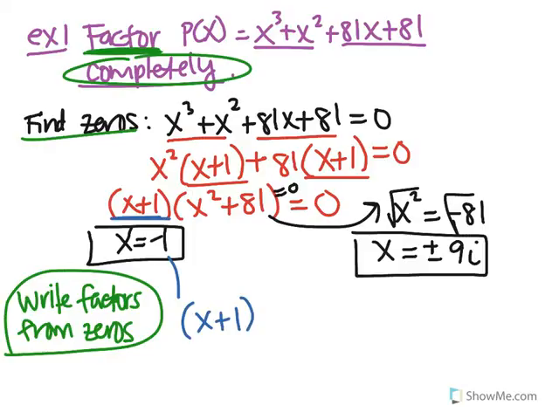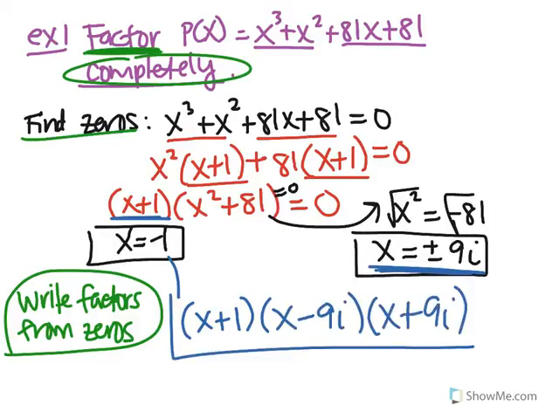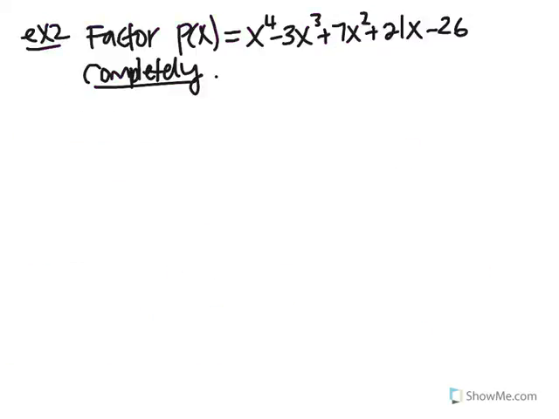You can see that right here. And then I'm going to use these right here to write the other factors. So I will have x minus 9i and x plus 9i, and this will be that polynomial factored completely. You basically just get all the zeros and then write the factors from that.